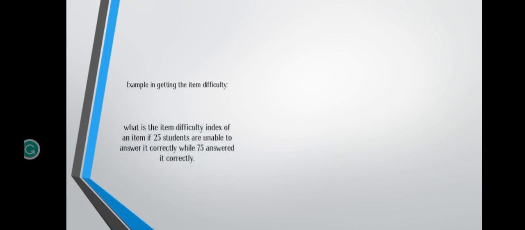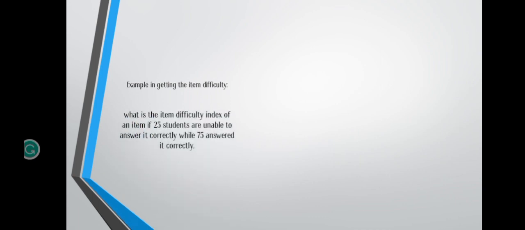Okay, example in getting the item difficulty. What is the item difficulty index of an item if 25 students are unable to answer it correctly while 75 answered it correctly? Ano daw ba yung magiging item difficulty kapag ang 25 students ay hindi nakakuha ng tamang sagot while 75 of the students got the correct answer?